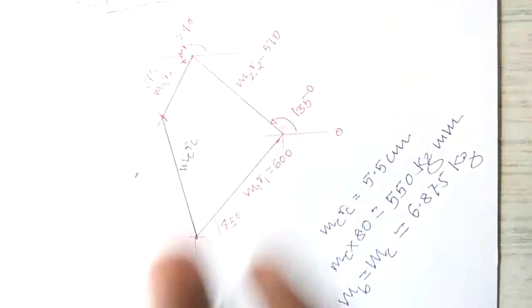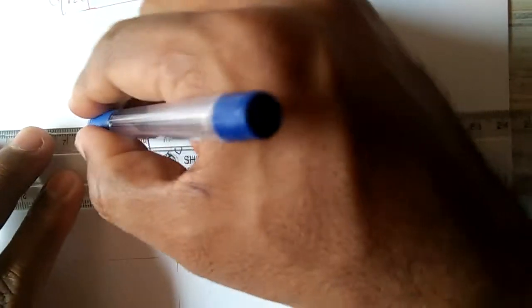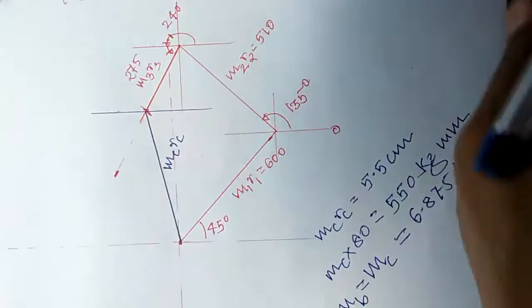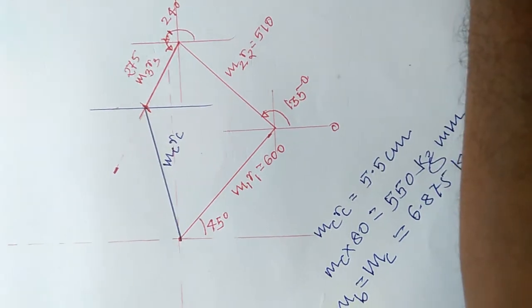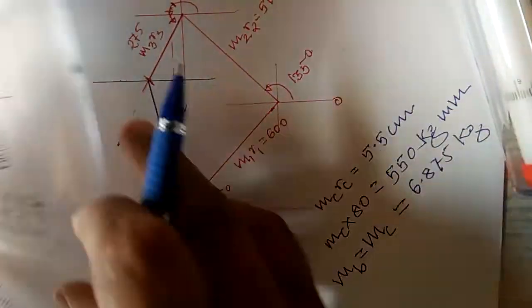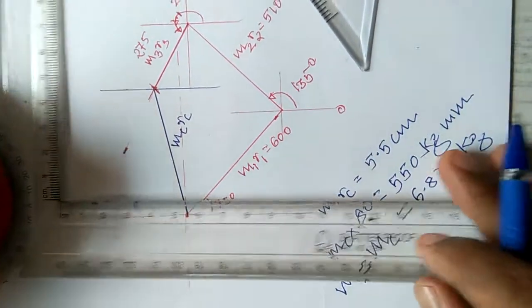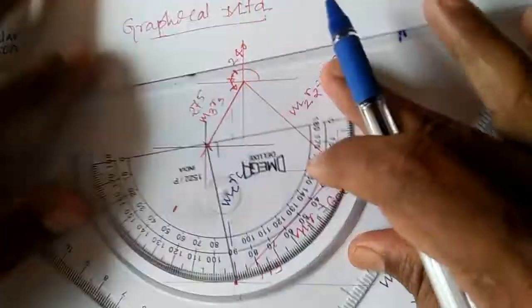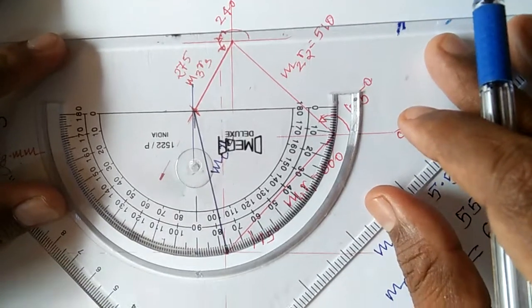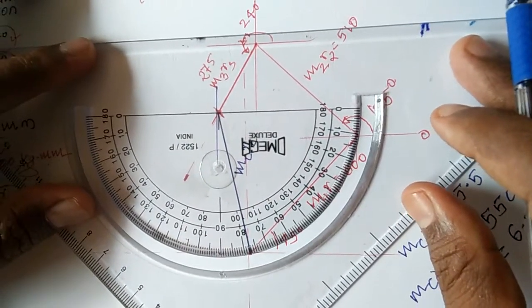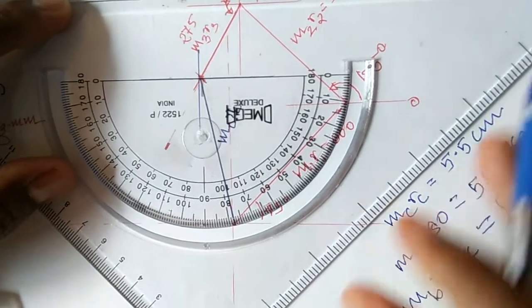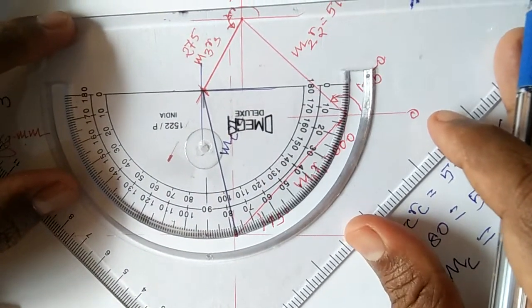And you have to measure the angle also. You take the angle, it comes approximately as 180 plus this, which is 100. Look, this is approximately what I am taking.